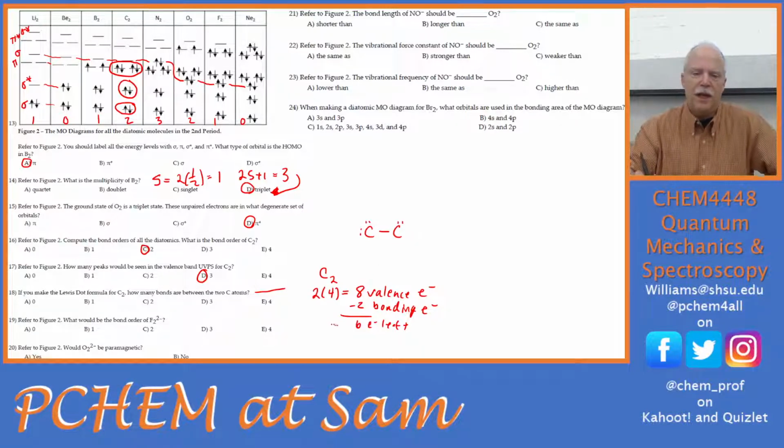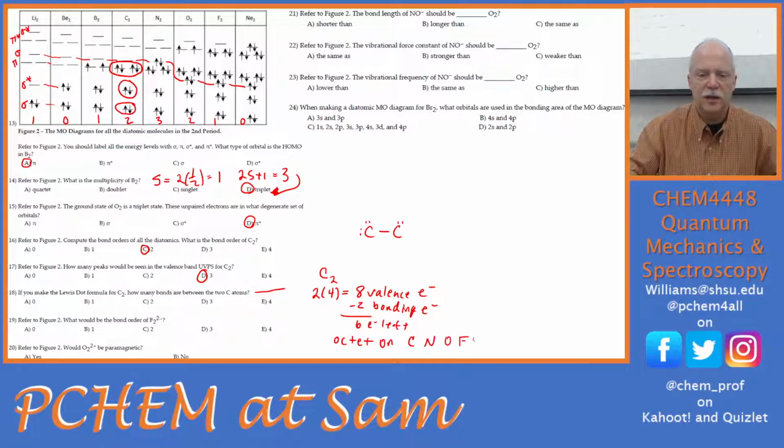Okay. And then after we've done that, we look to see if there's an octet on carbon, nitrogen, oxygen, and fluorine. So that's a question. And we look at it and we say, no, this carbon can claim 2, 4, 6 electrons, and this carbon can only claim 4.